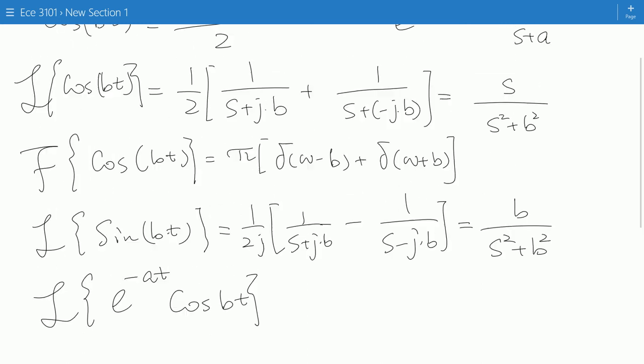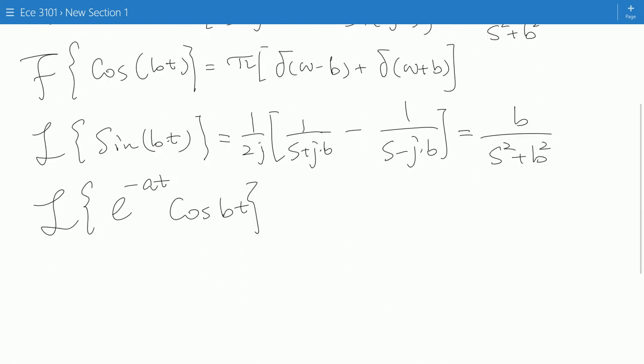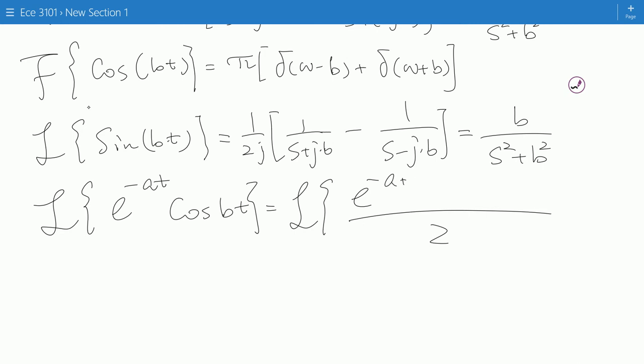Instead of having e to the power jt and e to the negative jt, we can again write it as e to the negative a plus j b of t plus e to the negative a minus j b of t. And the rest is pretty simple.